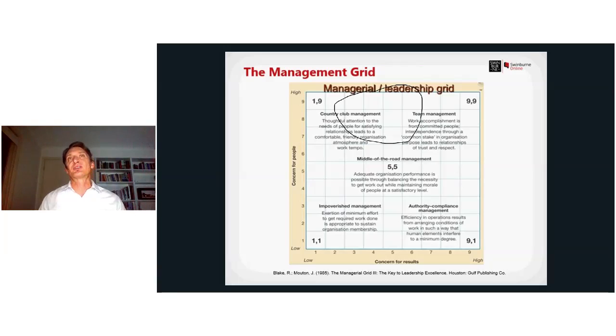Work is accomplished through committed people with lots of interdependence, through a common understanding of how that should occur. And the relationship between the manager and the staff is really built on trust and respect. So I think as a manager, in most instances, we want to operate here. But of course, that's not always the case, and it depends on where your team is at any point in time.